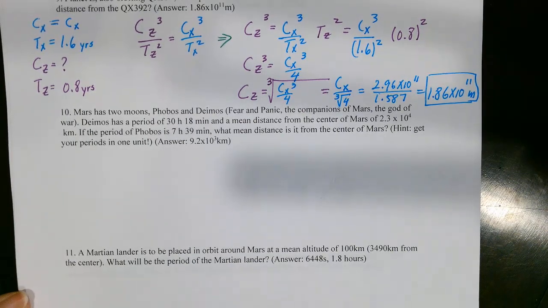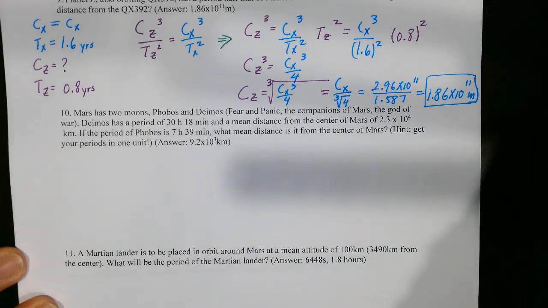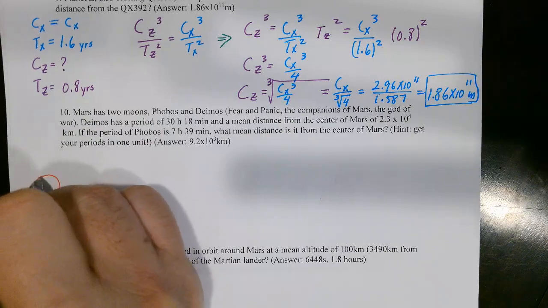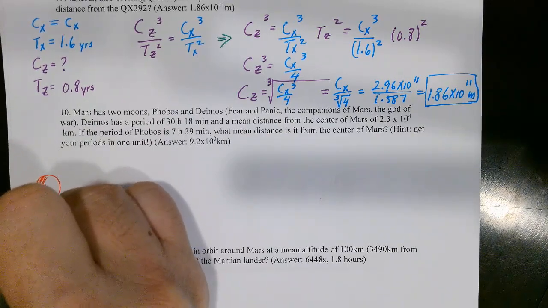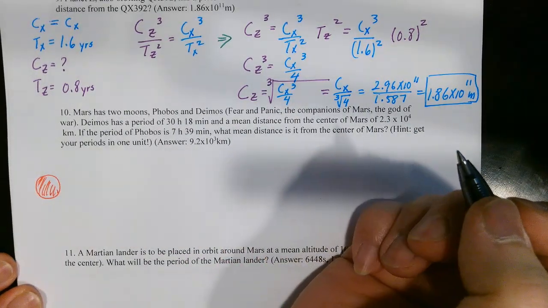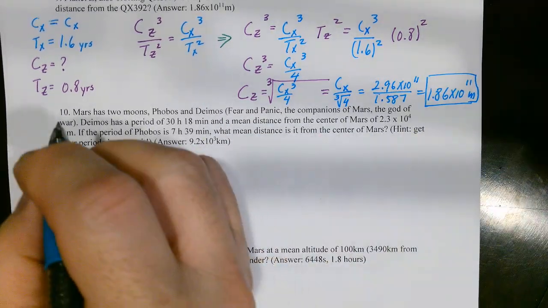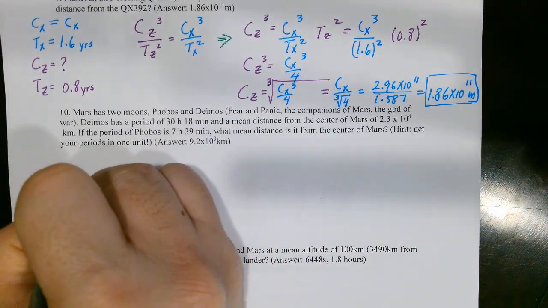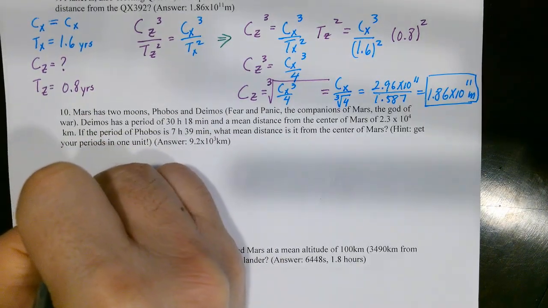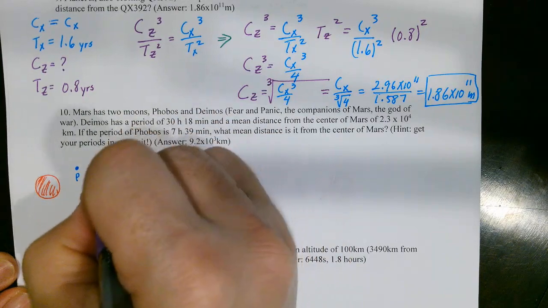So let's take a look. Mars is a red planet, right? So we'll do a red planet. Here's Mars. Here is Phobos and Deimos.